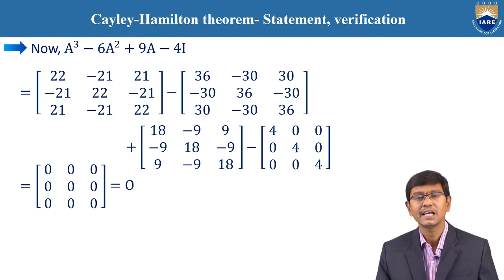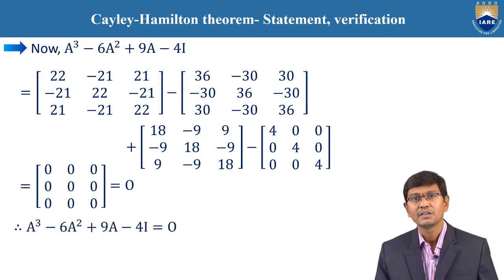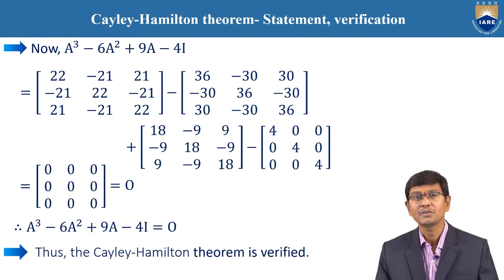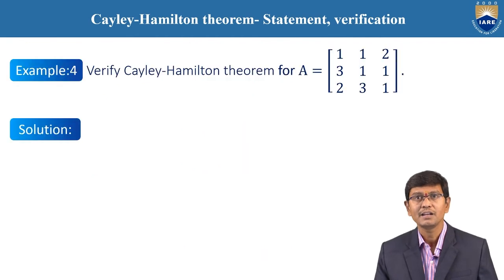That means it is clearly satisfied, 0. Therefore, A cube minus 6A square plus 9A minus 4I is equal to 0, thus the given matrix satisfies the characteristic equation. Therefore, thus the Cayley Hamilton theorem is verified for the given matrix.